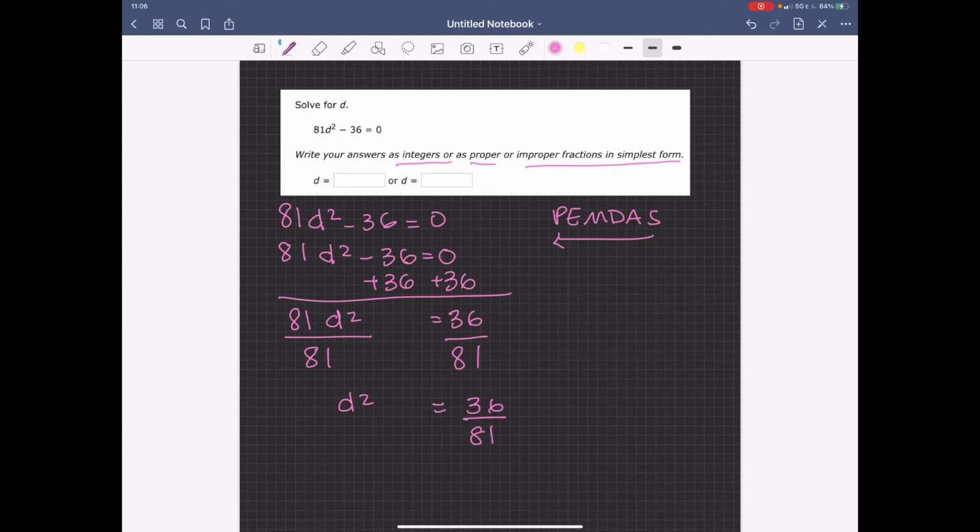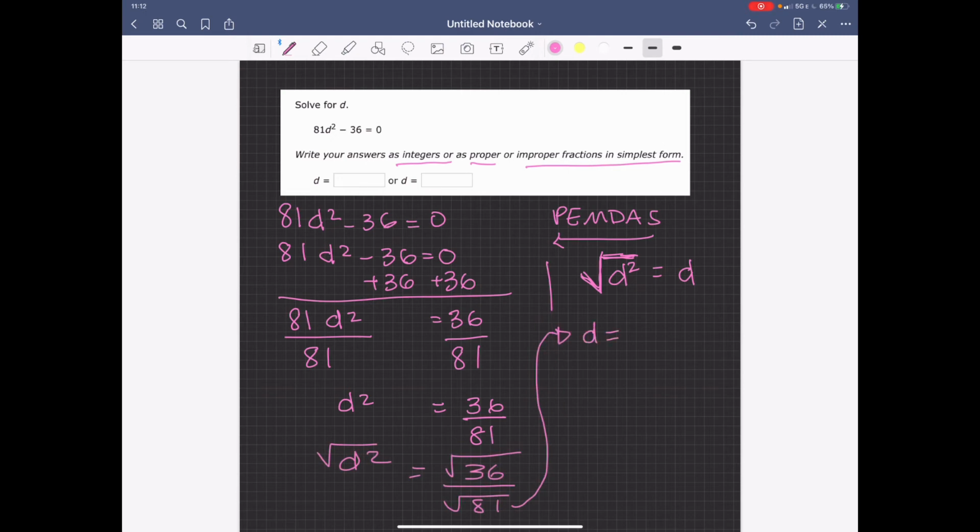Just like in the first example, we're going to take the square root of both parts of the fraction to get d on its own. A little side note: whenever you have something squared, to get it on its own, you just take the square root because they cancel each other out. So I'm going to take the square root of d squared. Now I know that I have two solutions. So d equals, the symbol for two solutions is a positive and a negative.